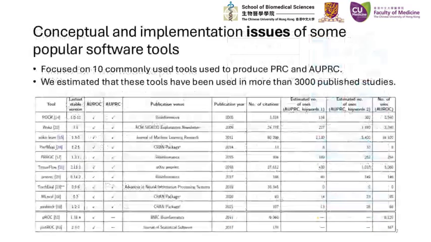Building on our earlier discussion, we focused on 10 widely used tools for generating precision recall curves, PRC and AUPRC. These tools have been cited in over 3,000 studies, highlighting their impact. To assess how differences in their methods and limitations affect real-world analysis, we evaluated them across 4 diverse classifier scenarios, offering key insights into their practical performance and implications.